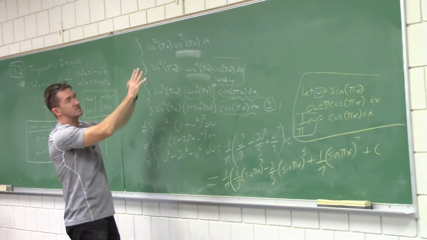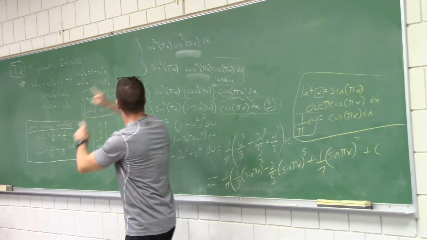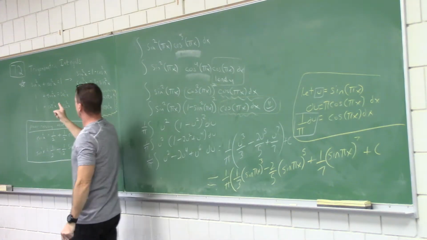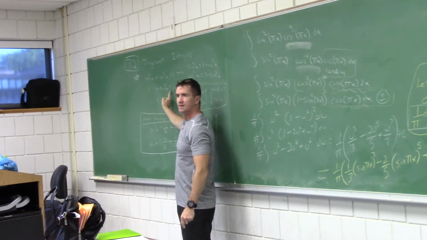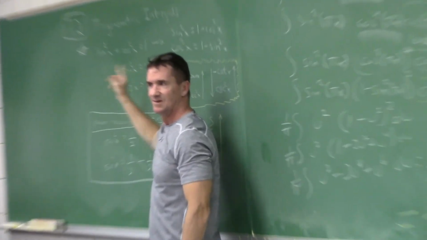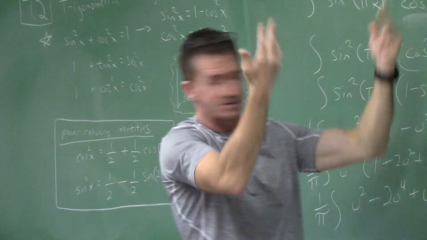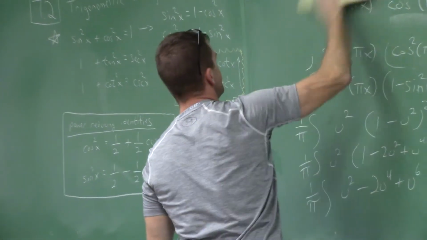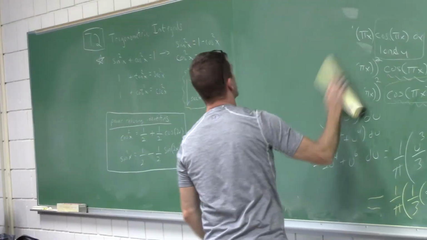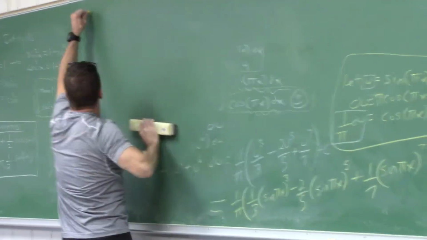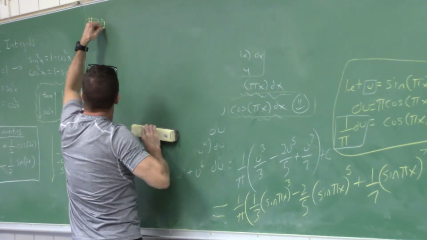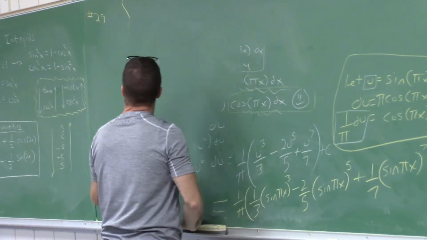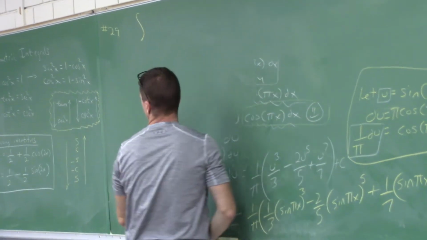Okay, next problem, very similar. What if you have tangents and secants? Guess what's going to be very helpful? This one right here. What if you have secants and tangents combined in a similar scenario? Number 29 from section 7.2.